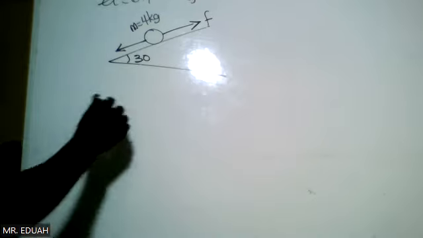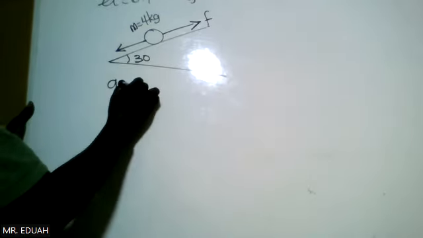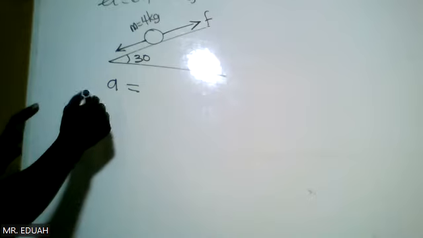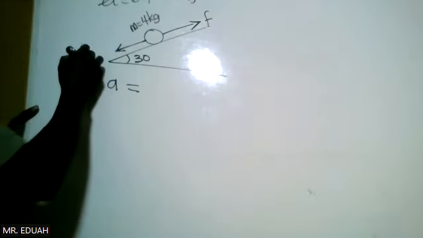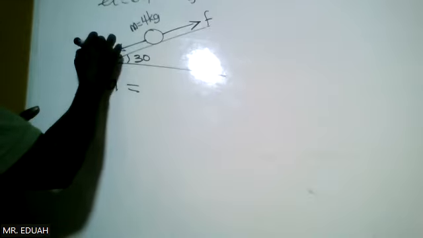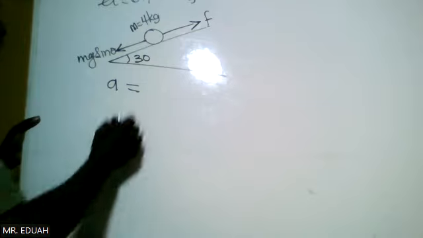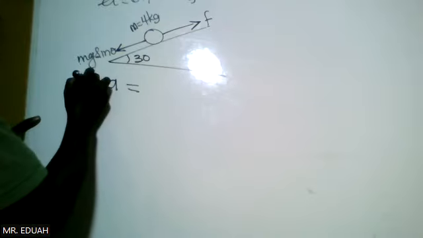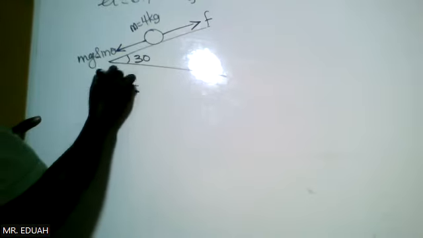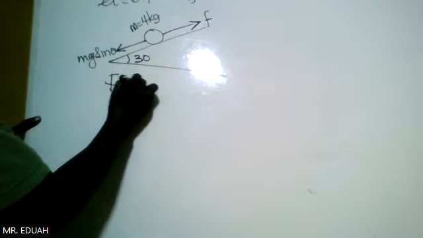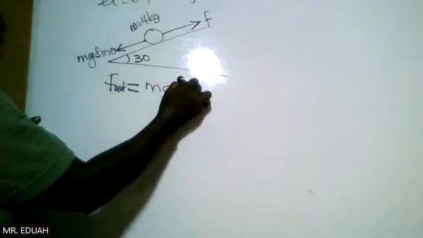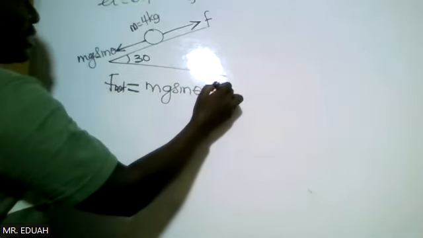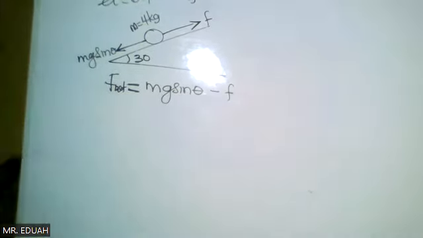So the acceleration must be equal to the difference between the forces. Downwardly, we have mg sin theta. Upwardly, we have the friction. So the resultant force Fnet will be equal to mg sin theta minus friction.